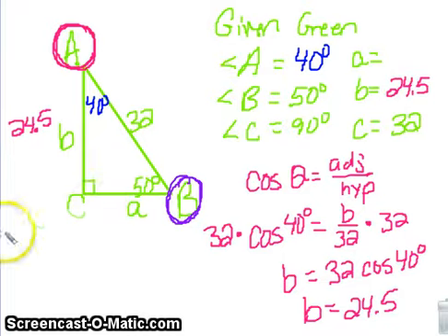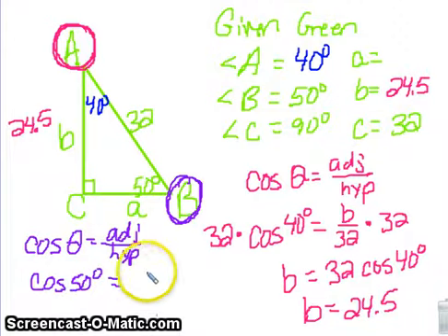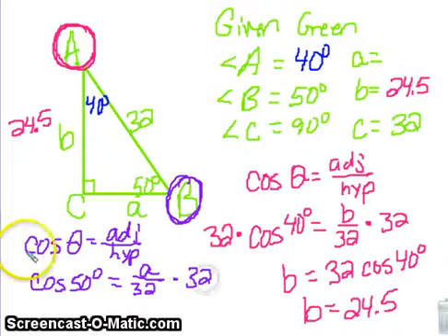Angle B, the relationship with side A, once again, is cosine of theta equals adjacent over hypotenuse. So cosine of 50 is equal to A over 32, and I'm going to multiply both sides by 32.